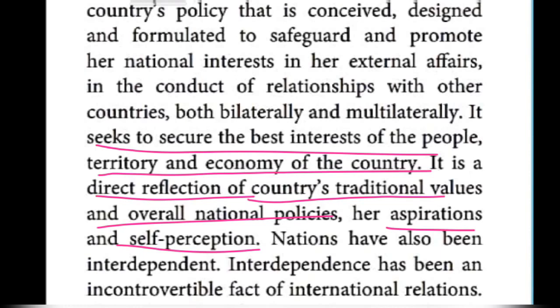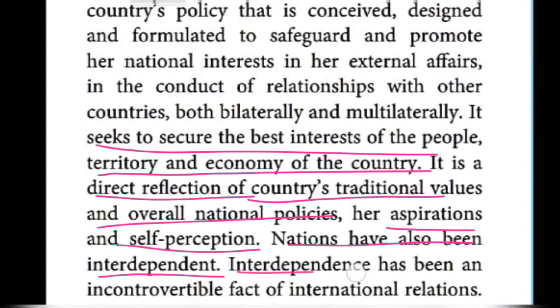Okay, so nations have also been interdependent. Just like we depend on our family members, we depend on each other. Likewise, nations also are interdependent. They depend on other countries in matters of trade, commerce, business activities and money matters.